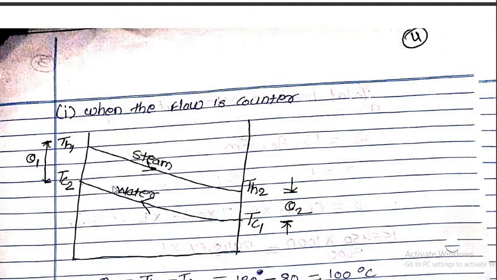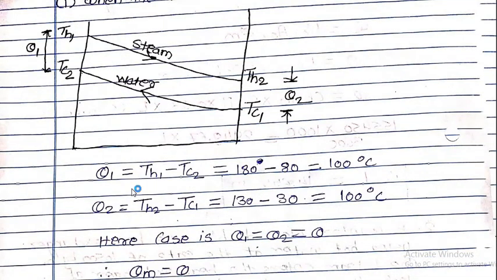Okay, so in case of a counter flow heat exchanger, we need to consider theta1 is equal to Th1 minus Tc2, whereas theta2 should be considered as Th2 minus Tc1. In the same manner, we have calculated theta1 and theta2.